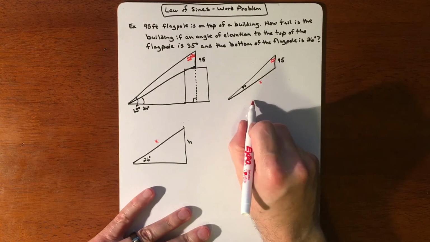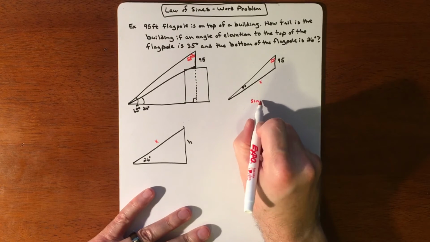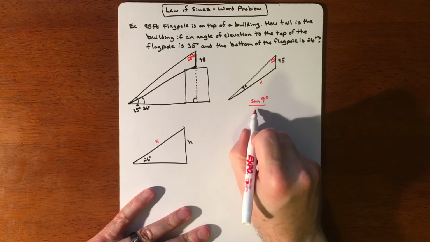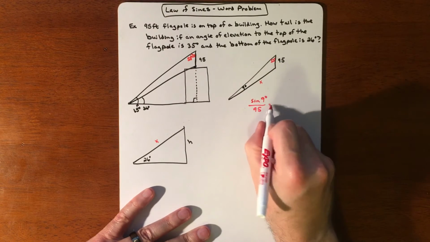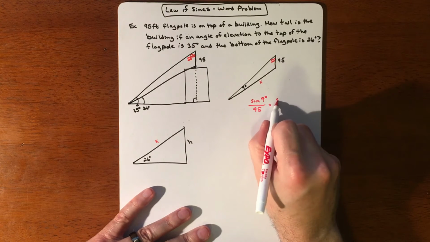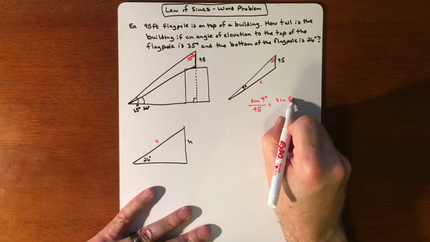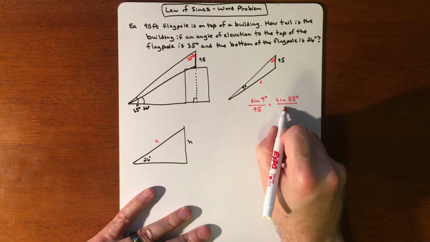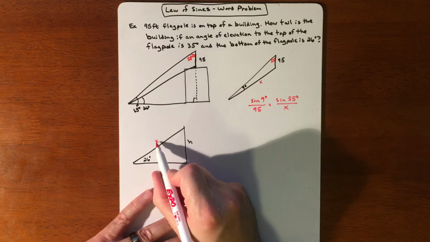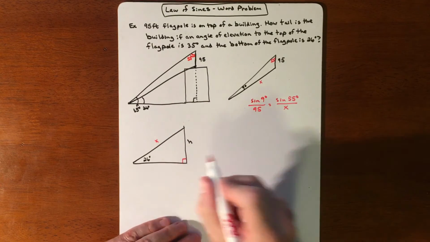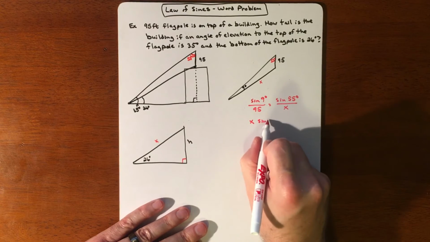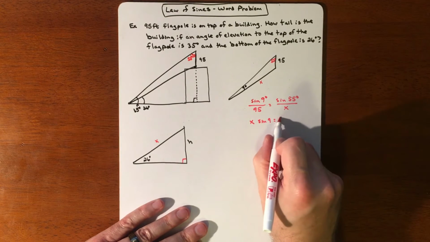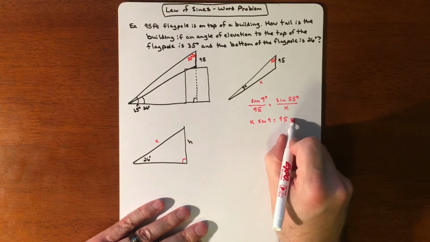If we set that up, we're going to have sine of 9 degrees over 95 equal to sine of 55 degrees over x. And that x is going to give us the hypotenuse on this right triangle. If we cross multiply, we get x times sine of 9 equals 95 times sine of 55.